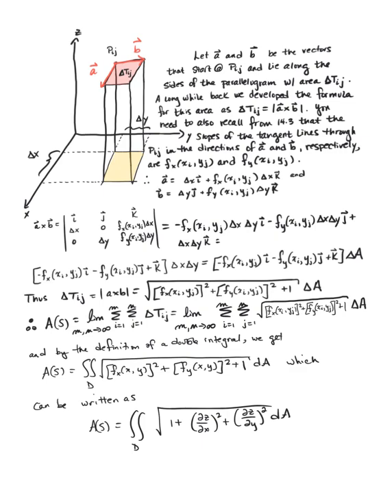And likewise, vector B is delta y times vector j, plus the partial with respect to y at (x sub i, y sub j), times delta y times vector k. So that's in the z direction, as you know. So for A cross B, I wrote out the matrix and got the cross product, which we've also learned how to do earlier in the course.